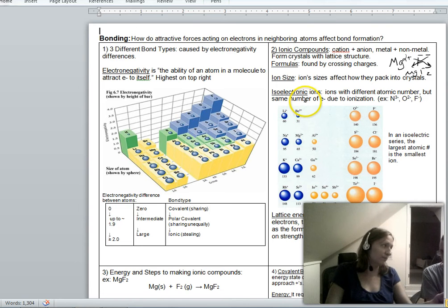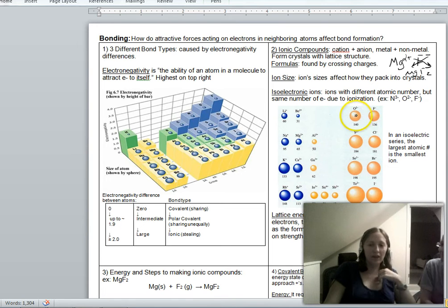Iso means same, so isoelectronic is the same electrons, and what you end up with is little runs of ions that have the same electron configuration because they're all trying to be like the noble gas that's nearby. So oxygen is 2 minus and fluorine is 1 minus, and they have the same electron configuration as neon.